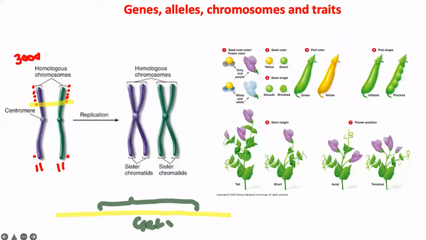All I'm trying to tell you is that the homologous chromosome will have exactly the same information, the same gene in the same location. And these two copies are called alleles.